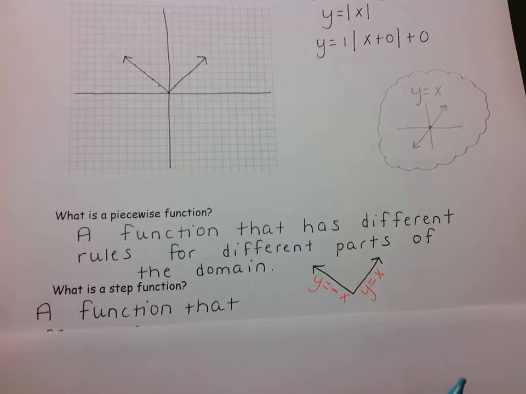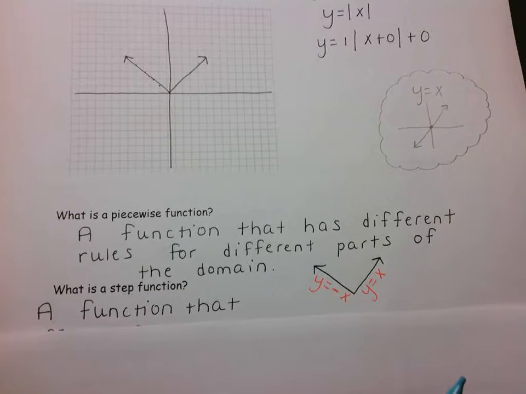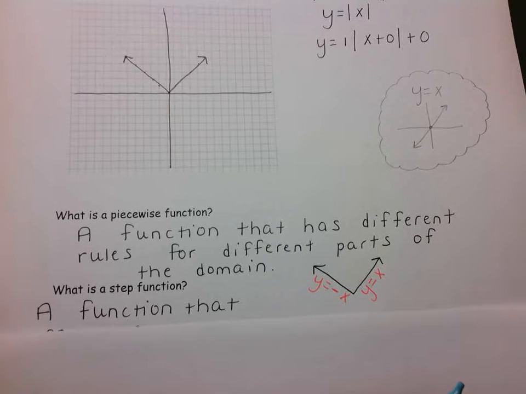An absolute value function is an example of a piecewise function. A piecewise function is a function that has different rules for different parts of the domain. Remember what the domain is. The domain is the possible x values.